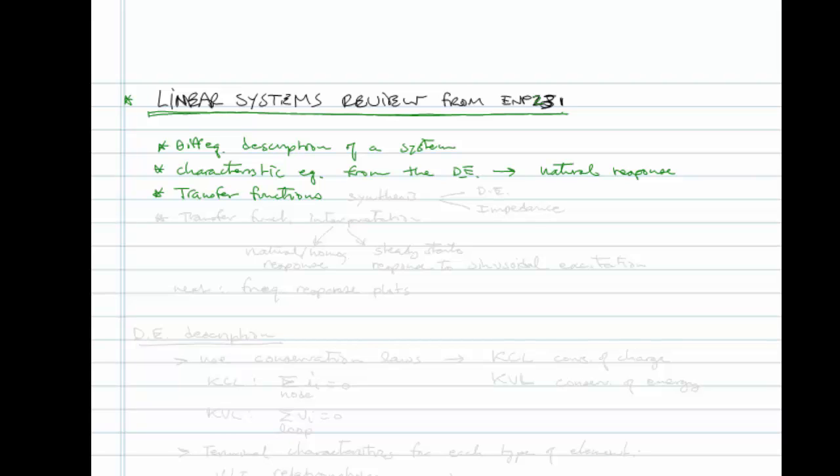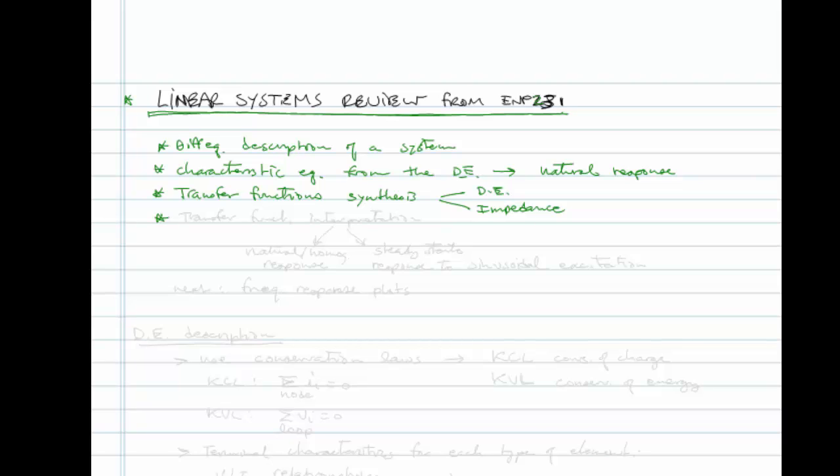So we'll look at both the synthesis from the differential equations, but then we'll also use impedance. Remember that became a much simpler tool, more expedient to use impedance.